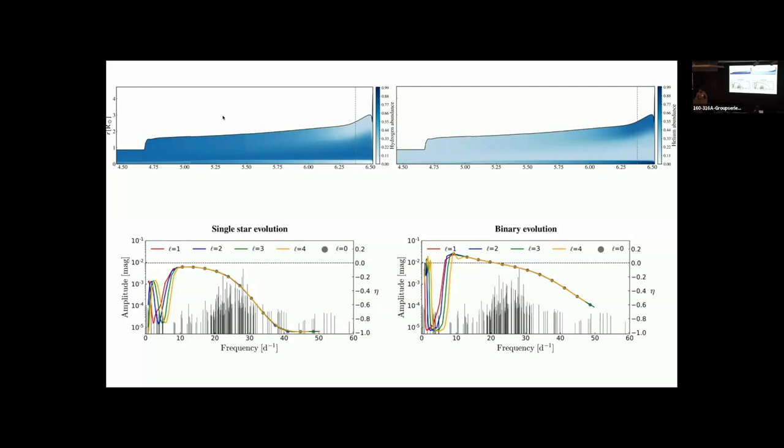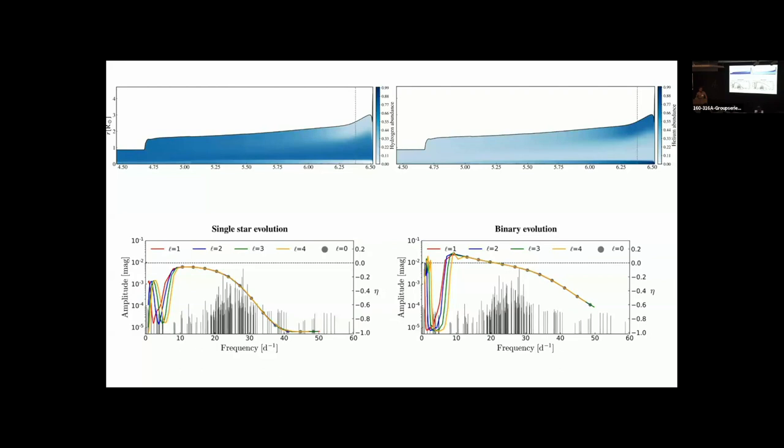I've told you about that helium enrichment, and even though that helium enrichment, which is shown on the right-hand side panel, the top of that, is not enormous, it is sufficient to extend the driving zone for the pulsations that are happening in delta Scuti stars. So basically, delta Scuti pulsations are driven in the region of second ionization of helium.